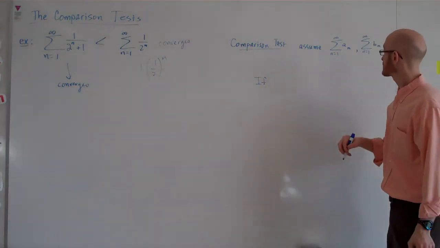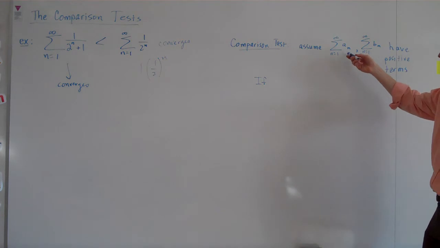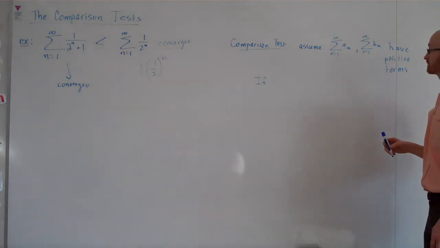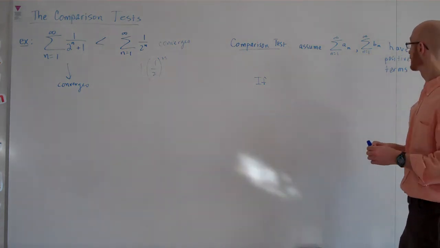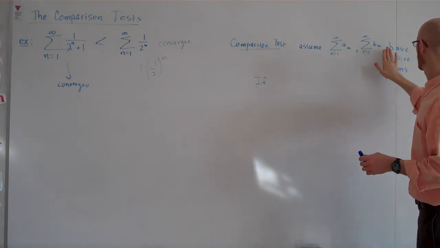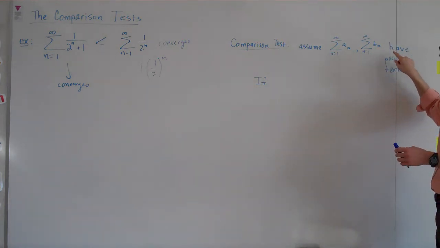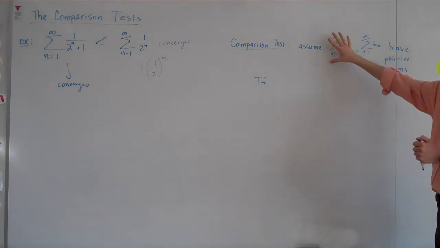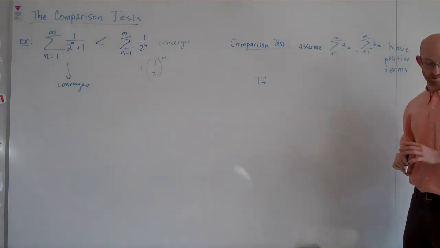Okay, so the comparison test, if you assume you've got two separate series, a sub n's and b sub n's, and this says that they have positive terms, we're going to assume that both of them have positive terms.